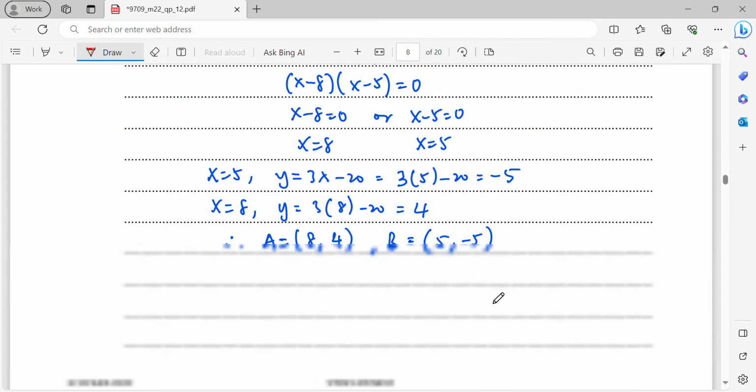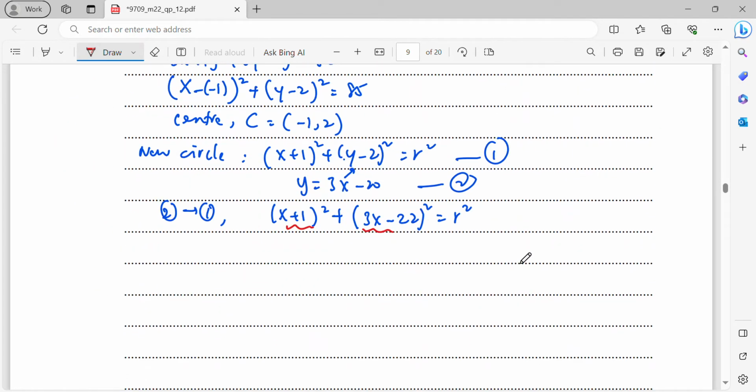Alright, so then I will get x squared plus 2x plus 1 for the first expansion, then 9x squared minus 132x plus 484. Then this r squared I will move to the left hand side, because minus r squared equals to 0.